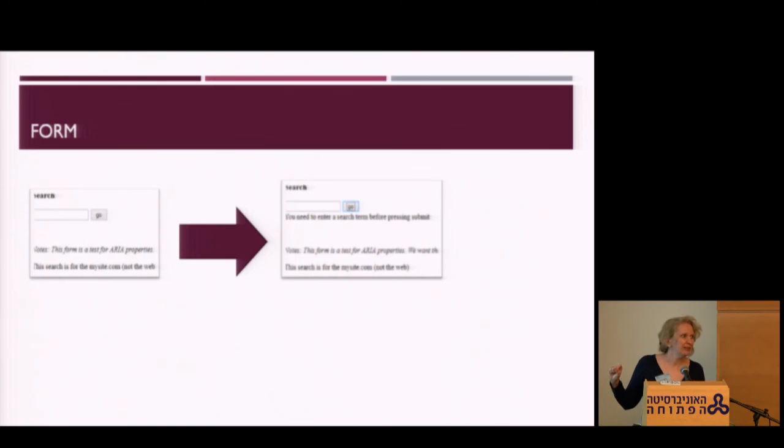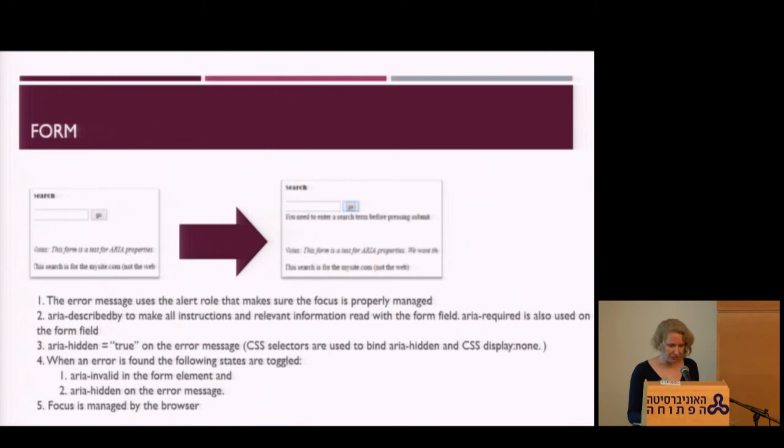Well, what you probably didn't realize was that the error message is something that changes. It's not normal text. One of the tricks of knowing where roles might be missing is things that change. If something changes, it either should have been an HTML control or it needs a role. And even if it's an HTML control, check that that's really the expected behavior. So that error message that appears if you make an error, that says you need to put in some information, that probably needed a role.